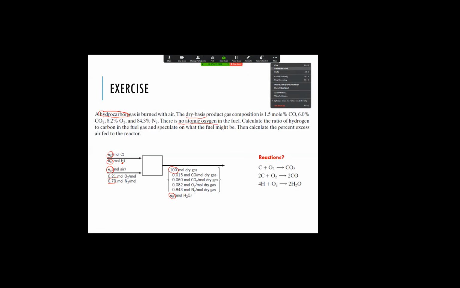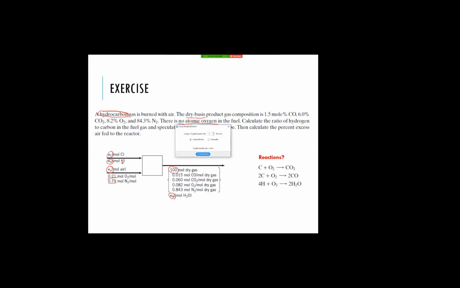Any questions before we begin? I'm going to do 6 rooms of 2 to 3 participants. See you in a bit inside of those groups.